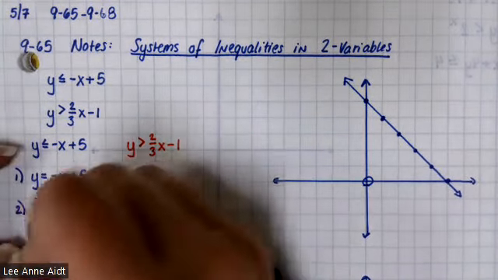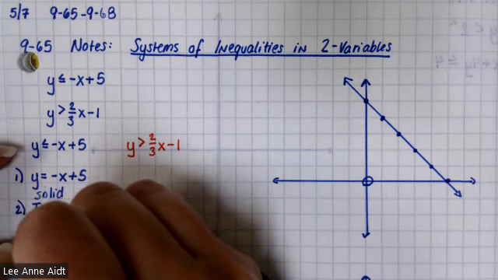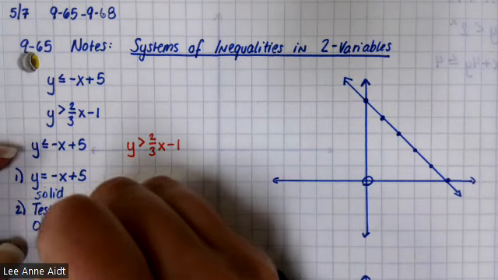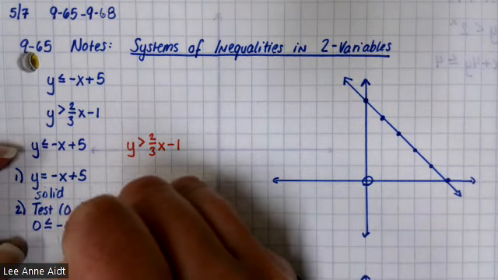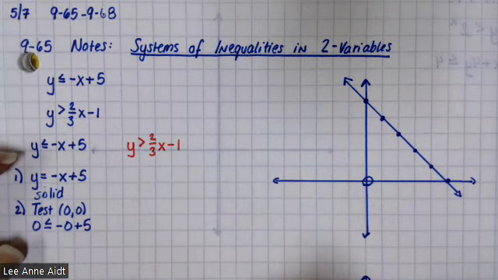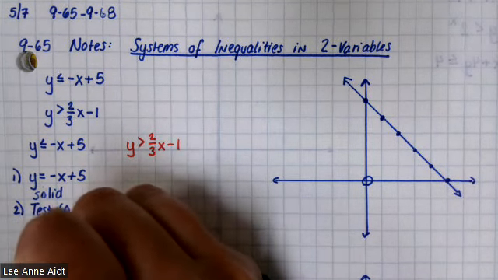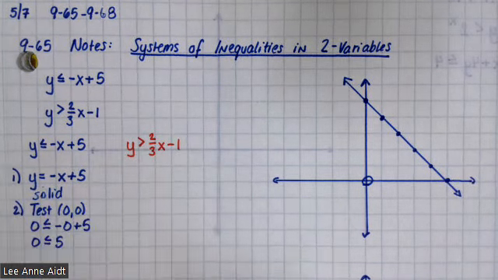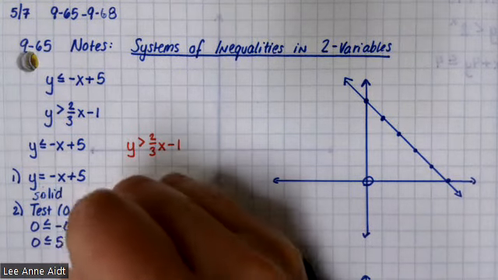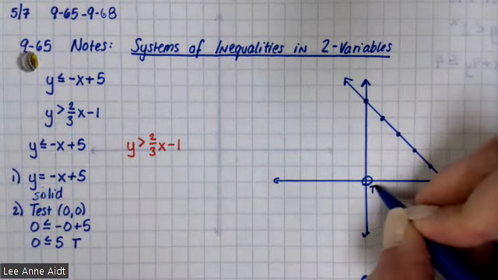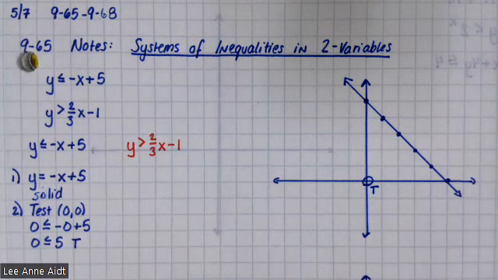Okay, so I'm going to put 0 and 0 in here. 0 is less than or equal to -0 plus 5. Now don't freak out about -0. That's just 0. 0 is less than or equal to 5. That's true. So I'm going to put a true on the side with 0, 0.